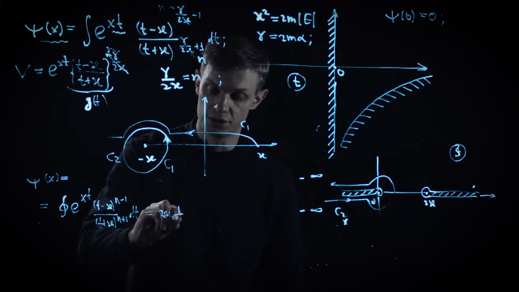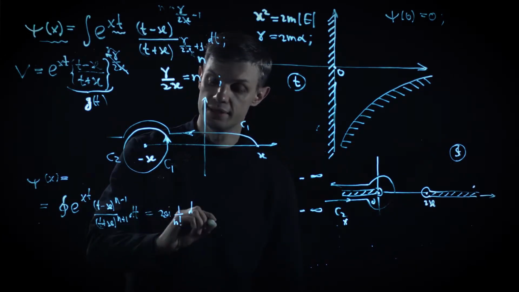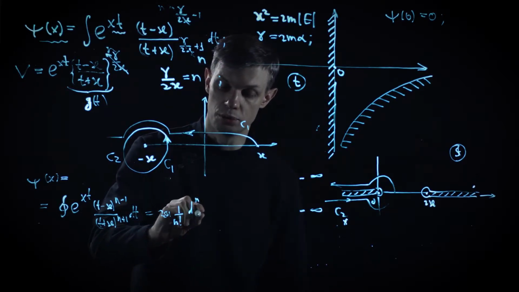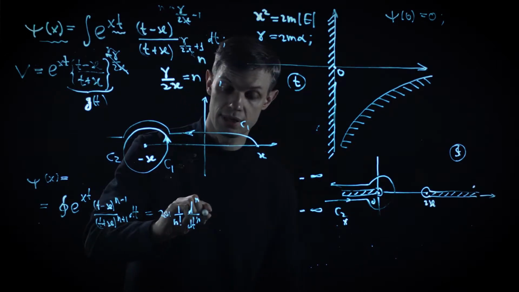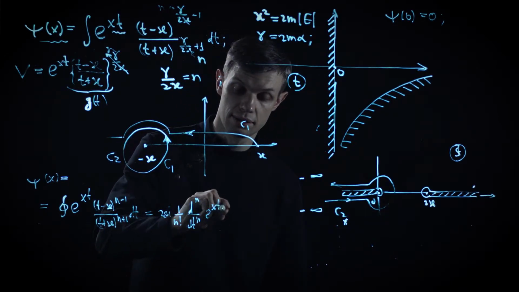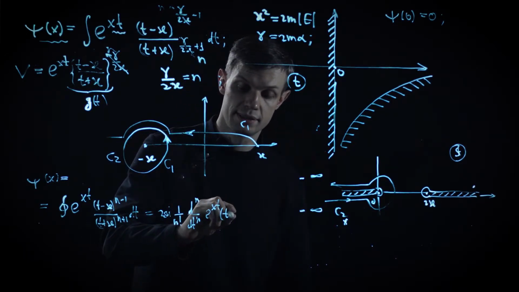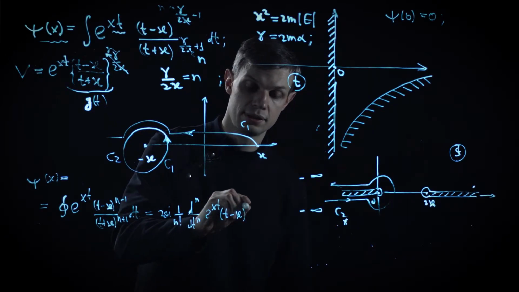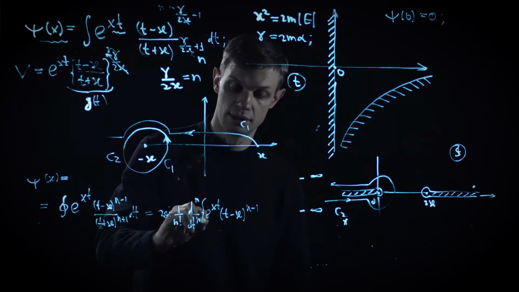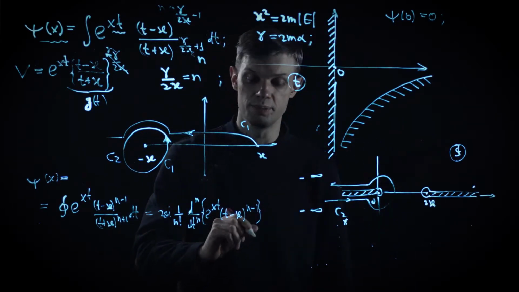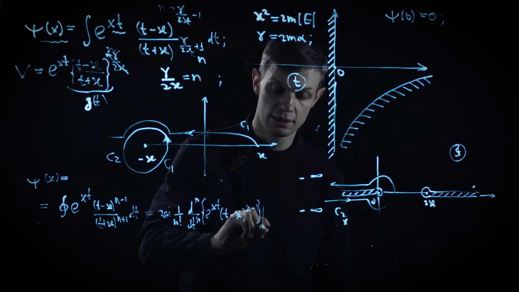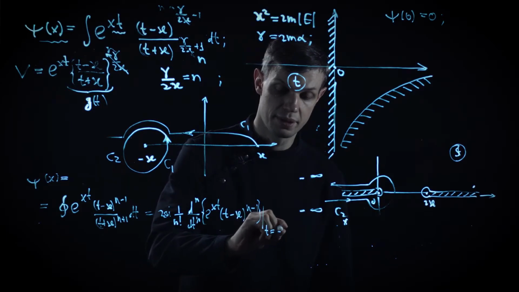So it's 1 over n factorial, d^n over dt^n of e to the xt times t minus kappa to the n minus 1. And the derivative is taken at the point t equals minus kappa.